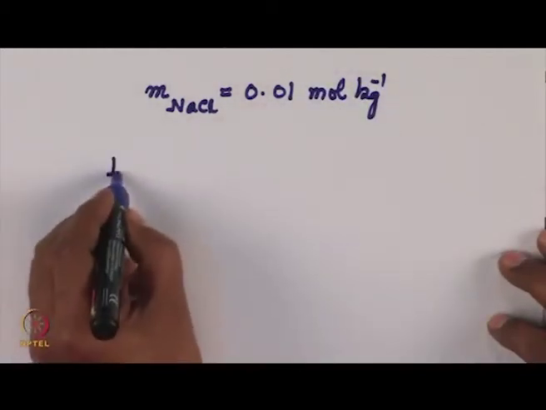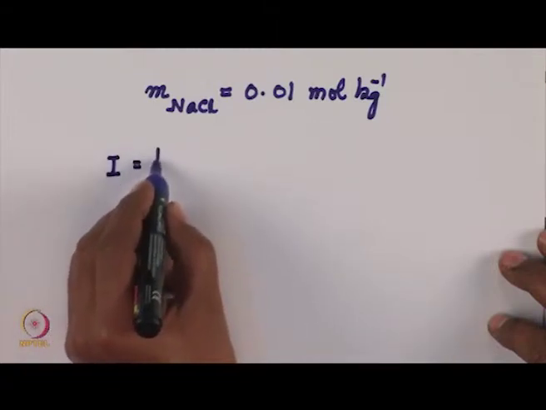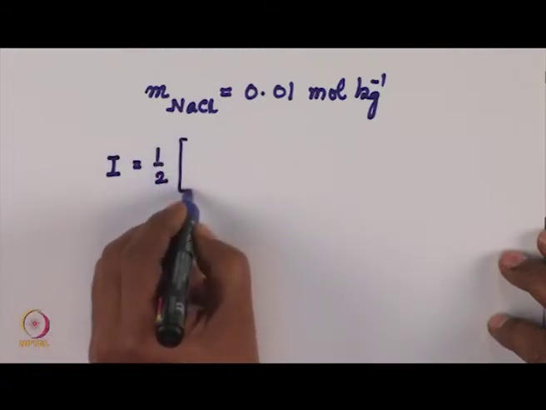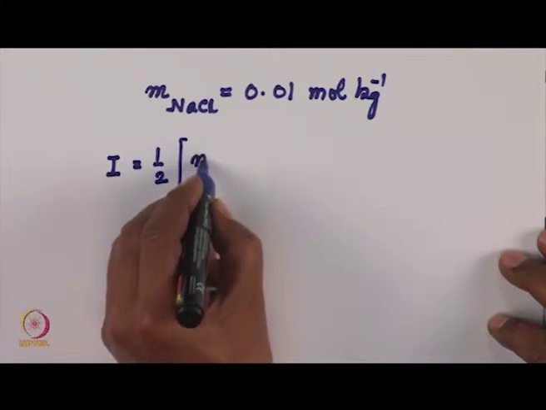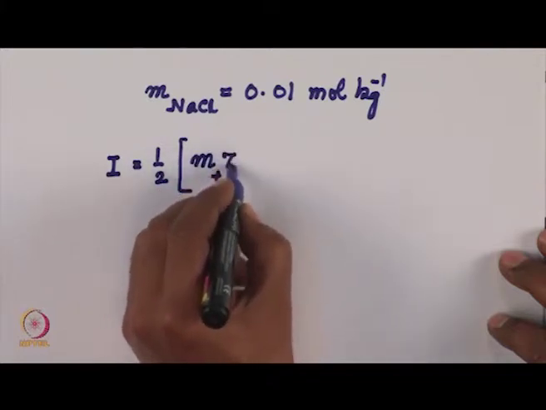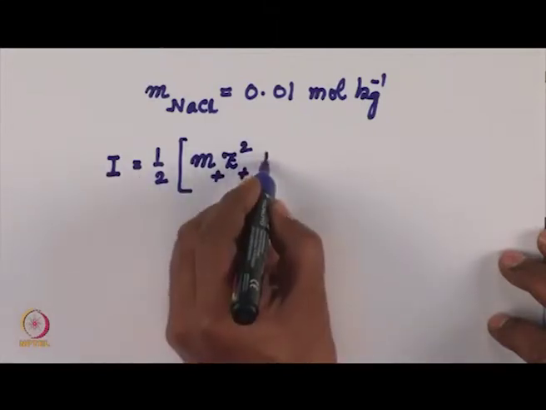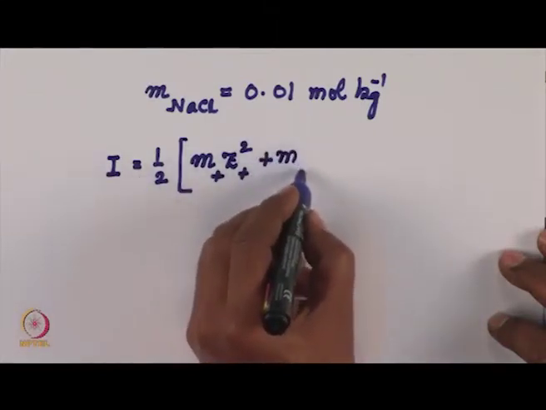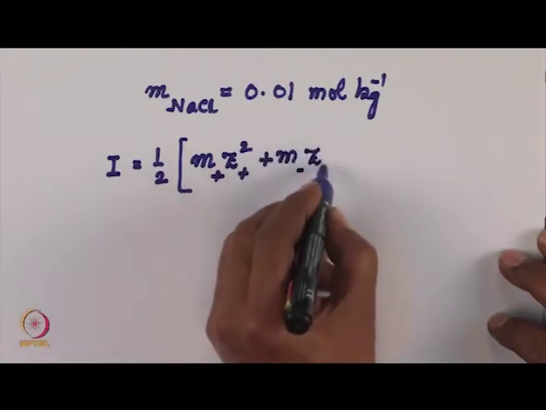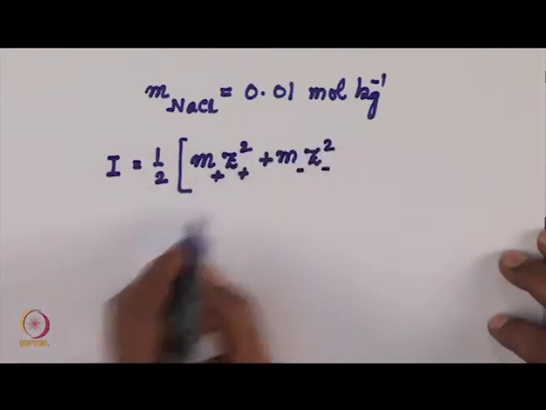Then ionic strength will be equal to half of M plus Z plus square, where plus is the positively charged cation, plus M minus Z minus square, where Z minus is an ion.